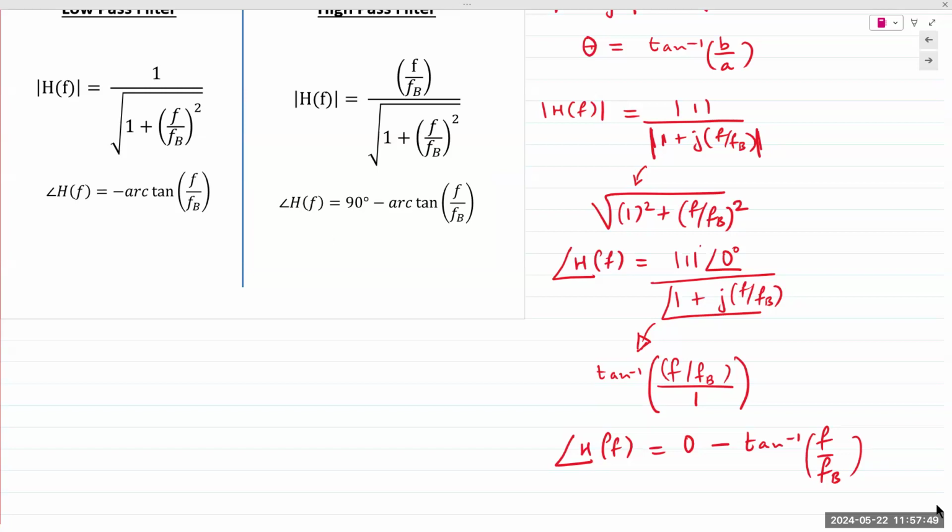Tan inverse of infinity is 90. So you get 90 in the numerator, and you have tan inverse of f over fB in the denominator. When you perform that operation, you get 90 minus tan inverse of f over fB. Does that make sense? Think over that. Let me know if you have any questions.